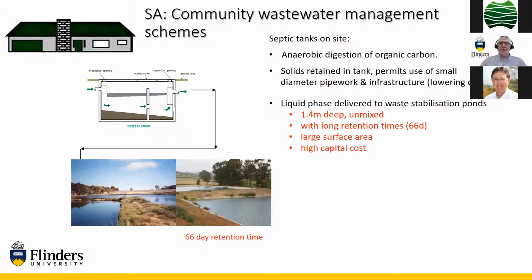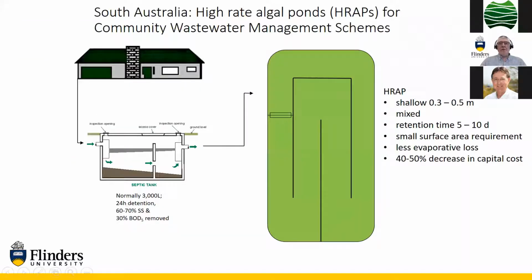What we've been looking at with the Local Government Association of South Australia and Loxton-Waikerie District Council is the idea of replacing the 5-cell waste stabilization pond system with a high-rate algal pond. And a high-rate algal pond is a mixed shallow system, 0.3 to 0.5 meters deep. It's mixed by a simple paddle wheel.